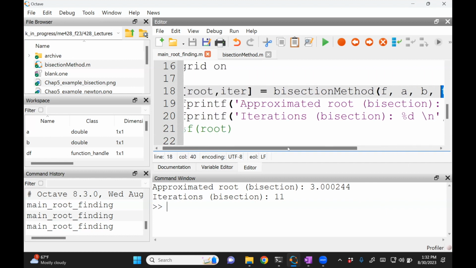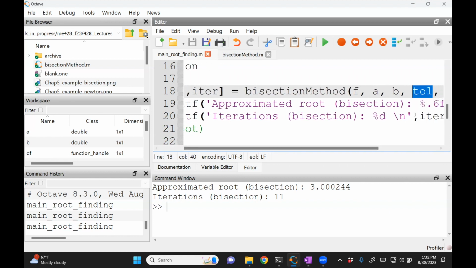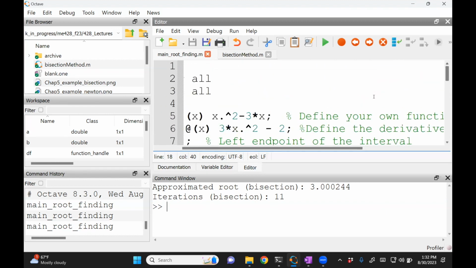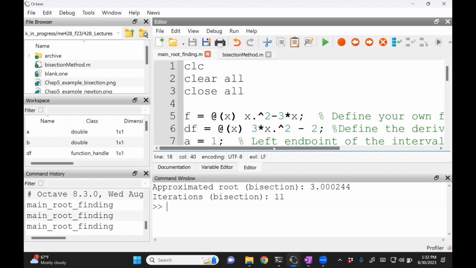Now, there is something about this function f which I think I've not taught in the past. An easy way of writing functions in Octave or MATLAB is to use anonymous functions. Instead of writing your function in a separate file, you can write it inline like this. F is the function, x is the input argument, and the equation is x square minus 3x.